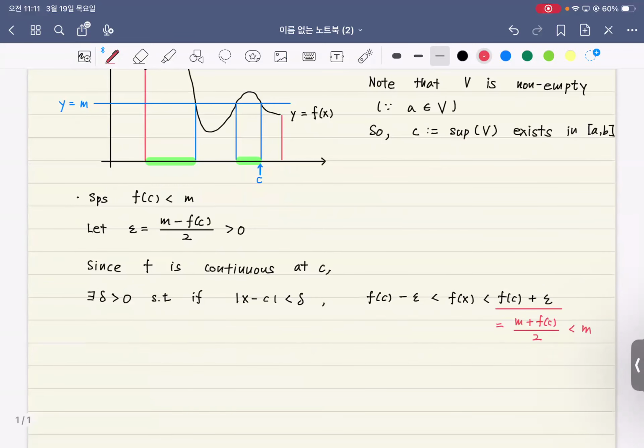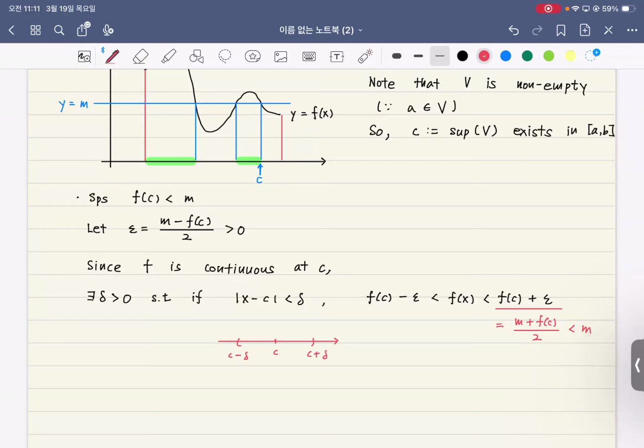Now, why is it a contradiction? Okay. So this is c, and this is c minus delta, and this is c plus delta. And on this interval, the function values are less than m. We know this. And why is it a contradiction?